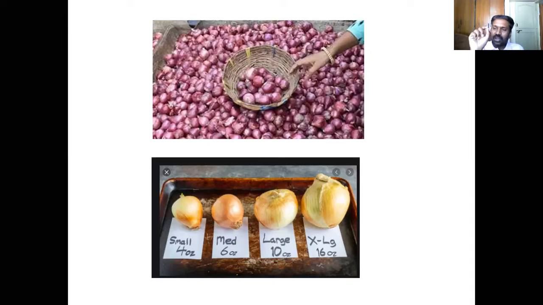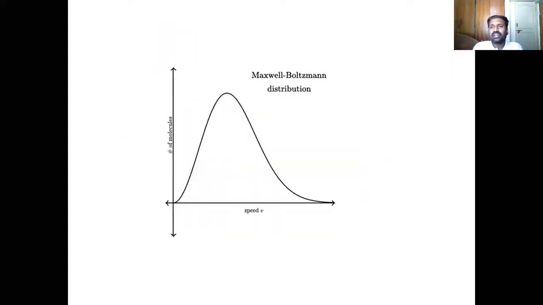Number of gas molecules with velocity V1. Take the value. Number of gas molecules with velocity V2, V3, V4, where V1, V2, V3, V4 are increasing in that order. Velocity is increasing in that order. So you still get a distribution curve like this. So when was this first noted, and by whom?